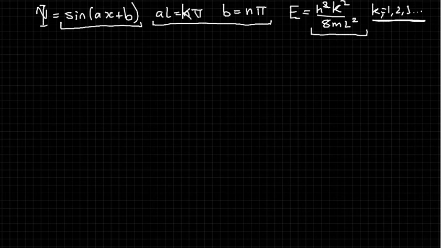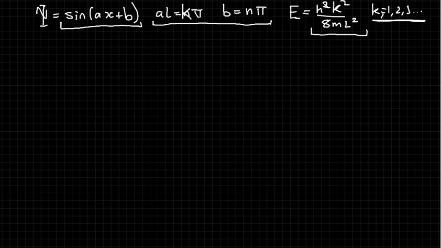Once the size of the box is determined, you've got some integer multiple of h squared divided by 8m, raised to the squared power. So that's really interesting. We can see that we don't have a continuous number of allowed energy levels, but only discrete ones, and so that makes it a quantum system.